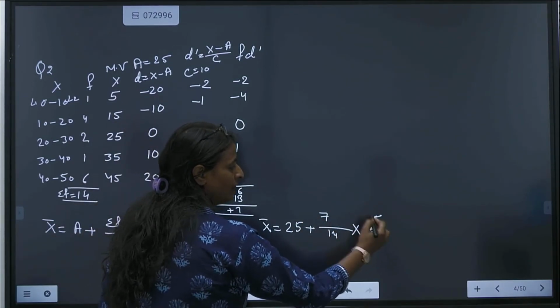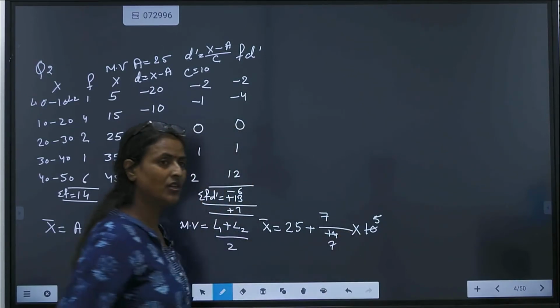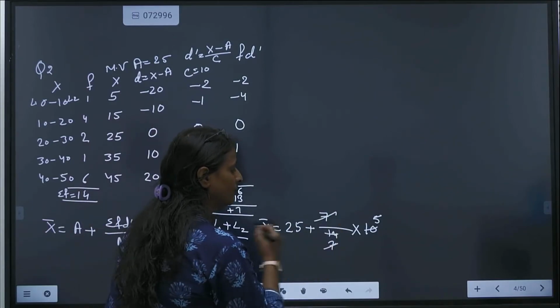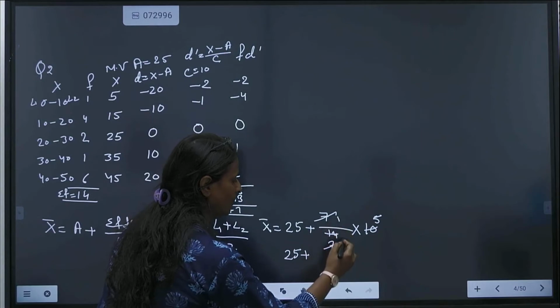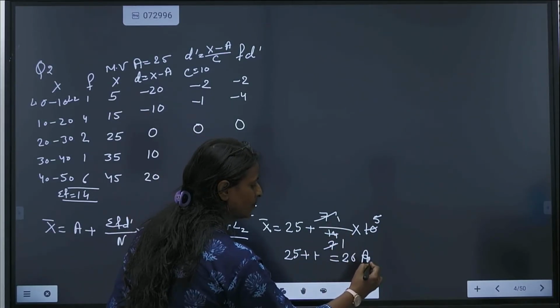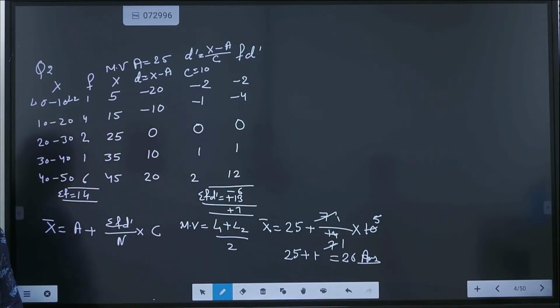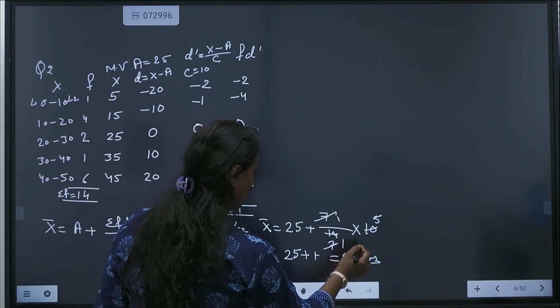Okay, so 25 plus 1 equals to 26. Okay, solve.